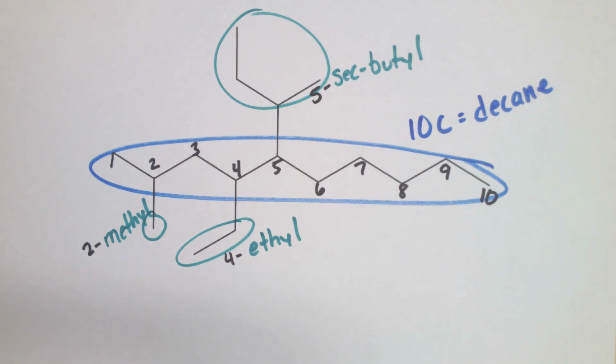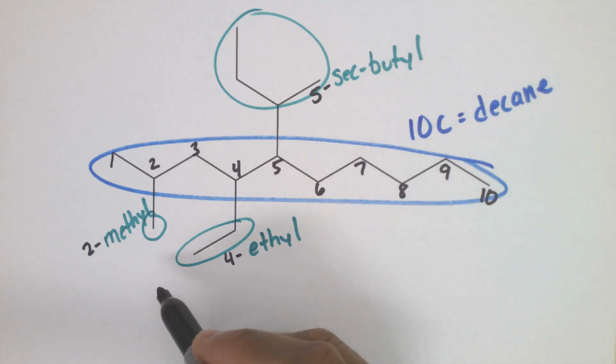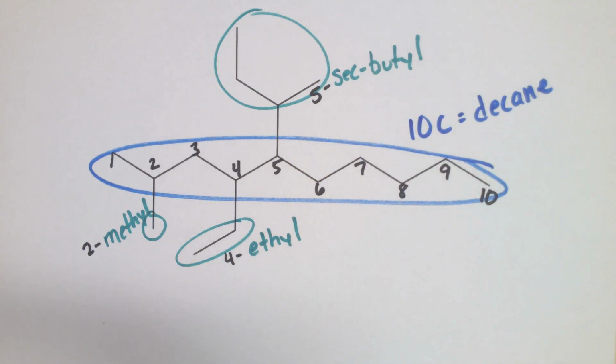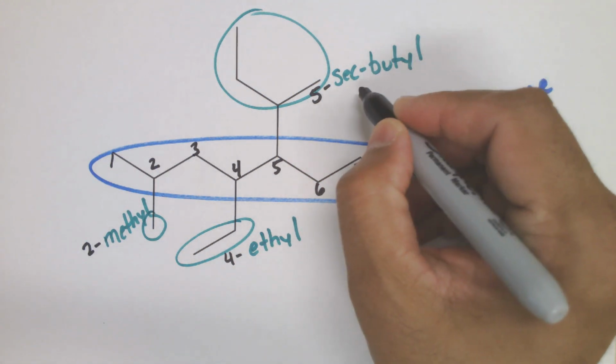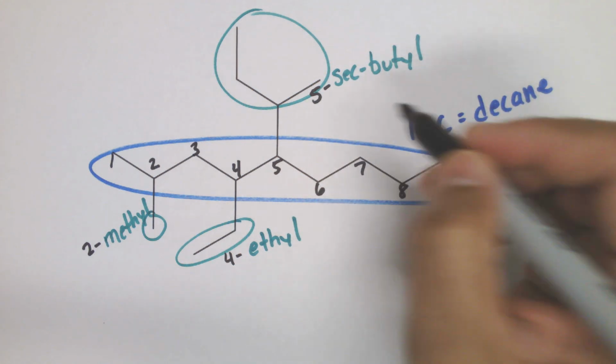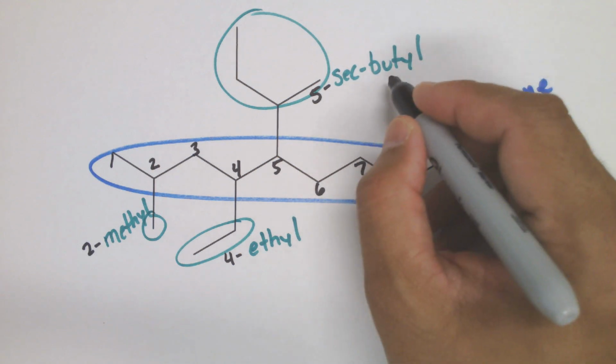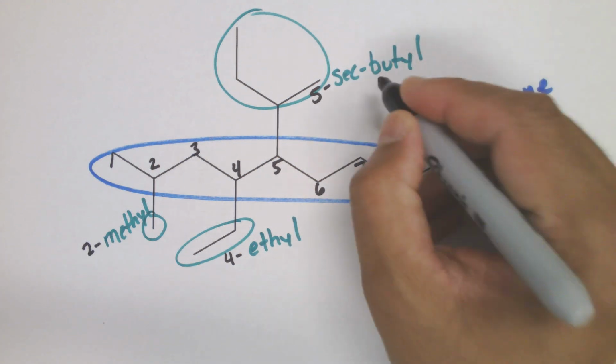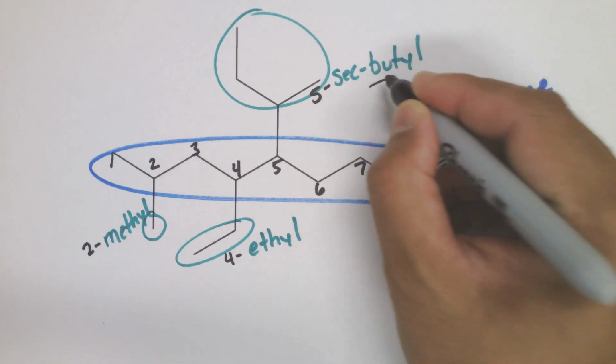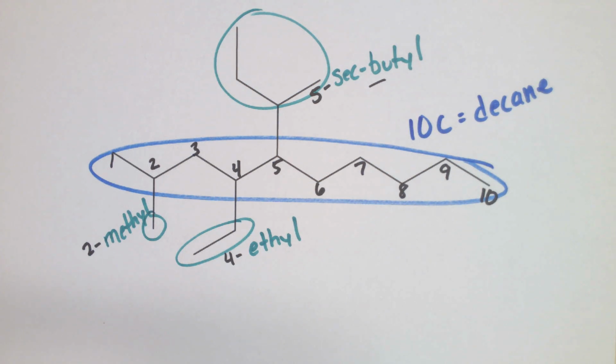To name the alkane, we want to use the alphabetical order rule. We'll name the substituents first in alphabetical order. Important rule here, secondary or sec is a prefix that is added by us to identify the butyl group. So for alphabetical order purposes, B in butyl goes first.